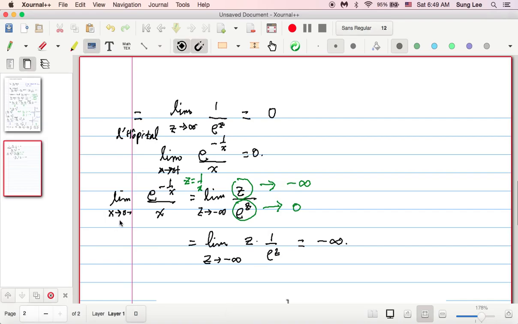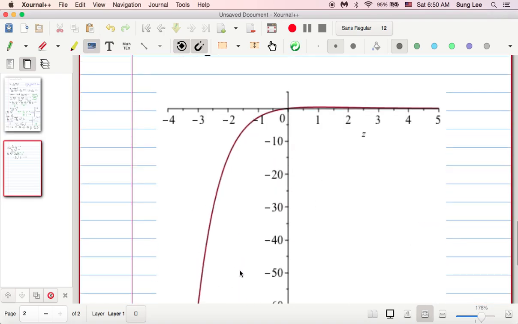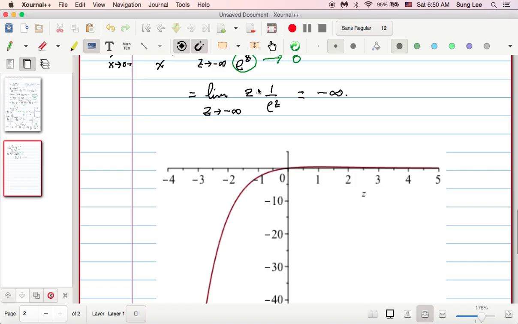So here, I suspected that, right? So the left-hand limit, for the reason I gave you last time, by writing the function z over e to the z as z times 1 over e to the z, as I suspected, the limit is going to be negative infinity. Okay, so in fact, I drew the graph of z over e to the z as shown.